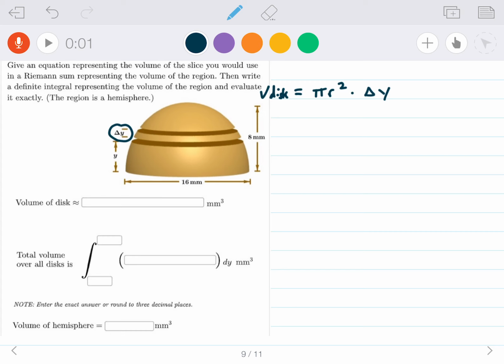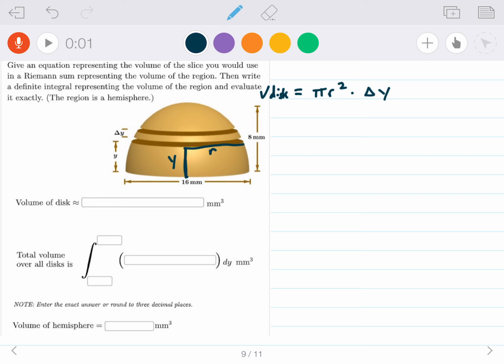Now we want to figure out what r is in terms of y, just like the previous problem, because the radius is changing as we move higher and higher up the hemisphere. So how do we do it? Let's imagine that we draw a triangle right here. This triangle has a radius we're not sure of, so we'll call that radius r, and we'll call the height y.